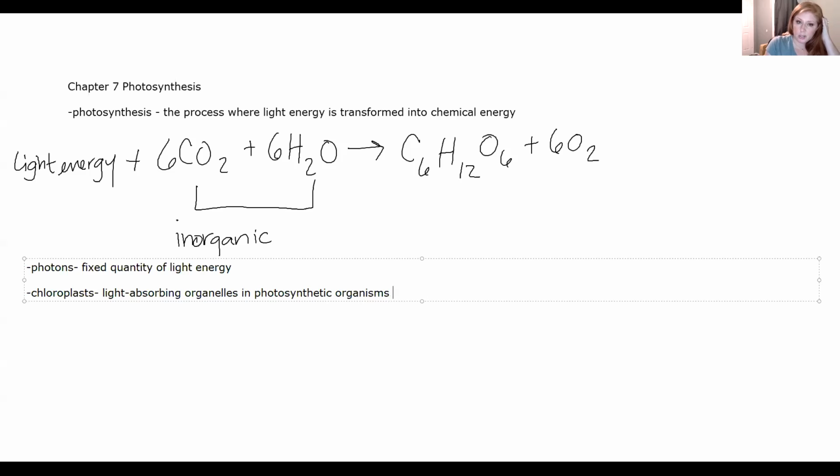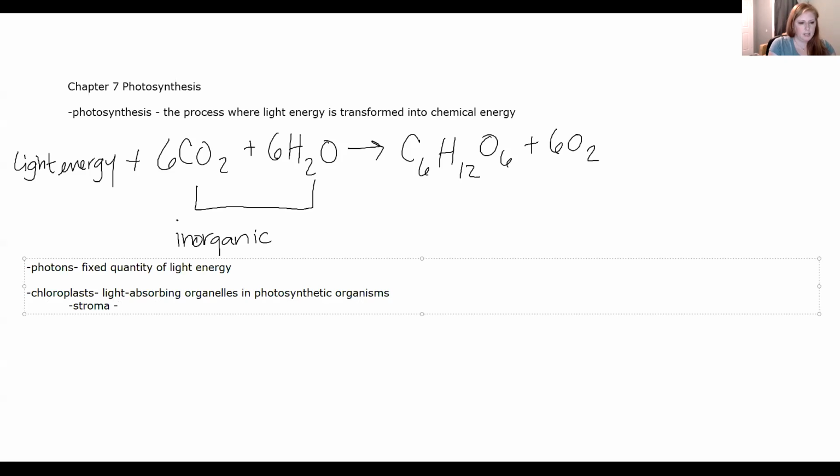And photosynthetic organisms, mostly that's going to be plants, although there are some protists, not in the animal kingdom, but in a different kingdom from plants, that can do photosynthesis as well, and even some bacteria. But anyway, chloroplasts, light-absorbing organelles, and they have a couple of different structures inside of them that we need to know. First, we have the stroma.